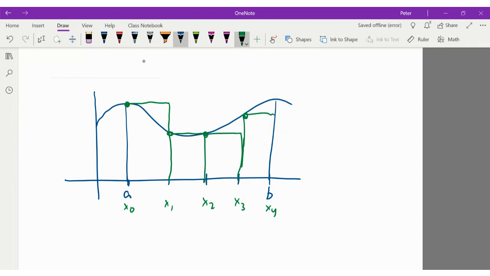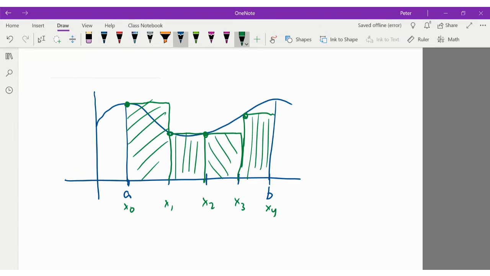And quickly shade those in this way. So that's the left endpoint approximation where I'm going to use f of x0, f of x1, f of x2, and f of x3. So notice that in the right endpoint approximation, I never made use of x0. In the left endpoint approximation, I never make use of x4.